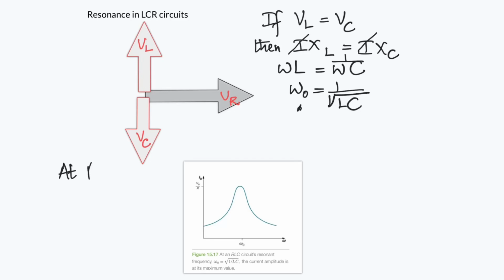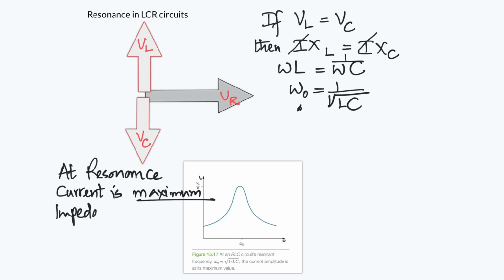Get that? So at resonance, the impedance in the circuit is a minimum and the current is a maximum. So at resonance, impedance is minimum, current is maximum.